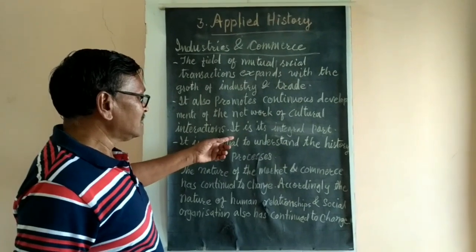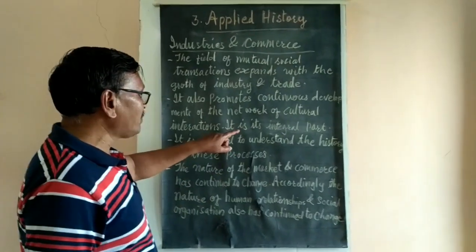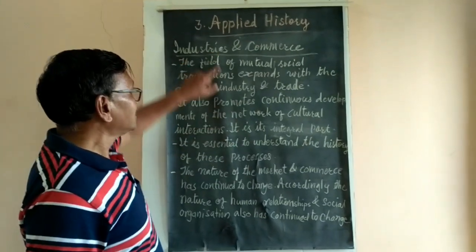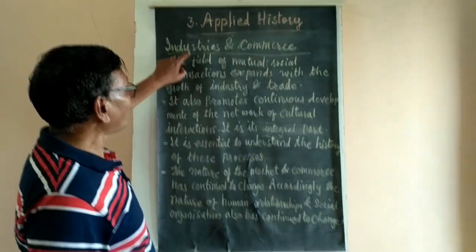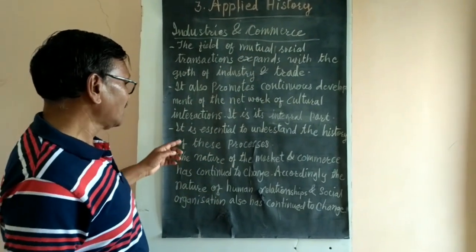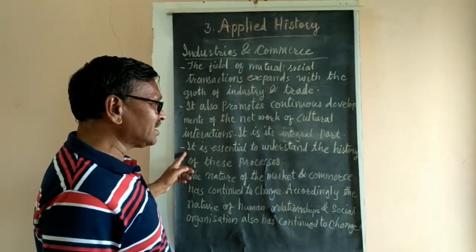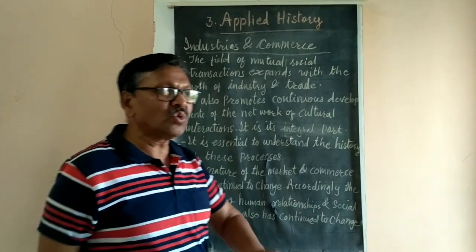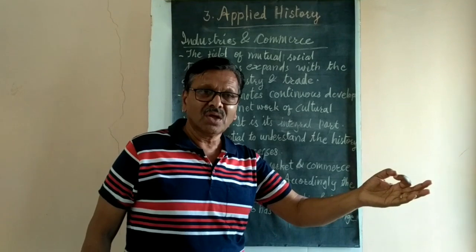It is its integral part. This cultural interaction is the integral part of industries and commerce. We cannot separate it. It is essential to understand the history of this process. So we have to go back to the history.